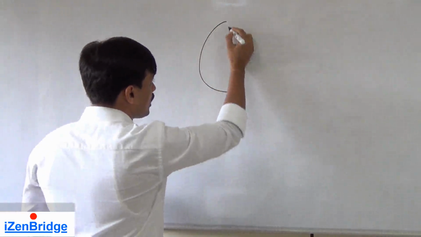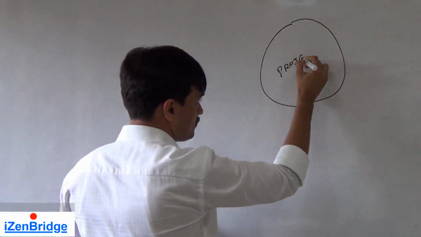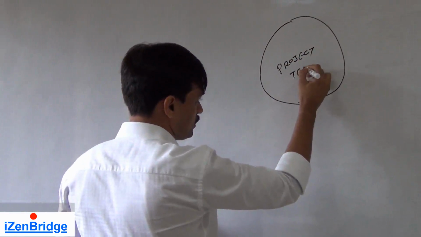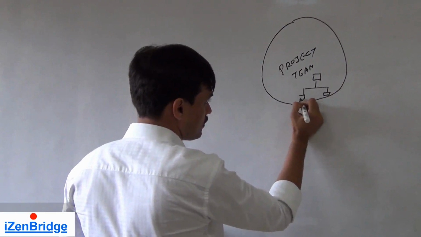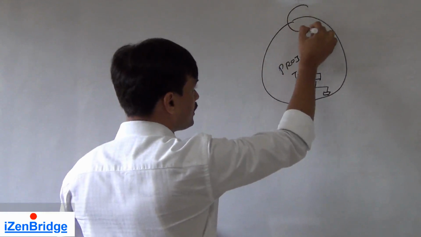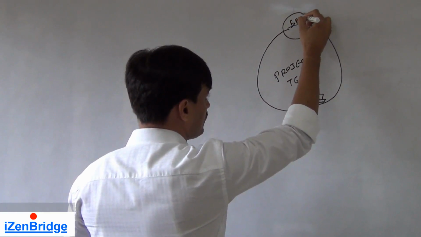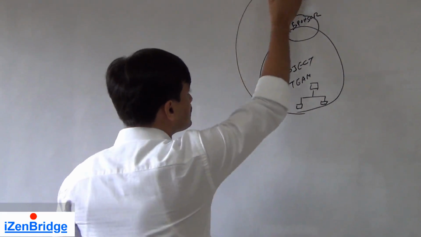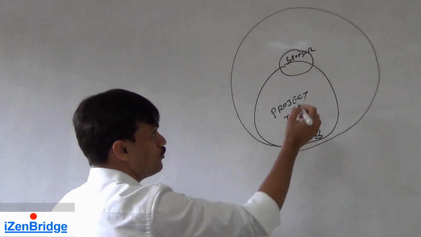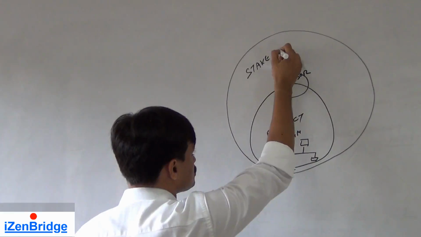We have a project team in which you are the boss, and on top of it we have a sponsor who is funding the project, and there is an upper layer which is called stakeholders.